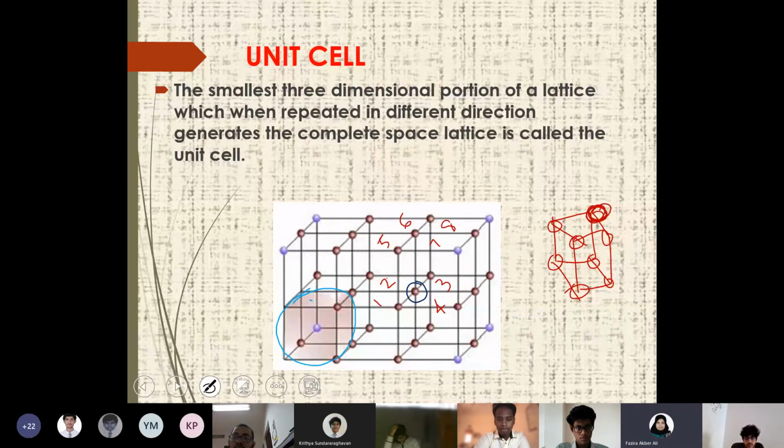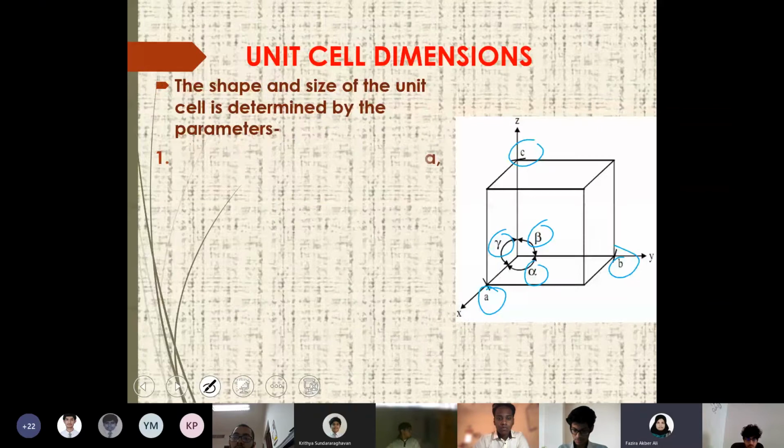That means each particle does not belong completely to one unit cell. Instead, it is equally distributed among 8 unit cells. Right? Is that point clear? Yes, ma'am.